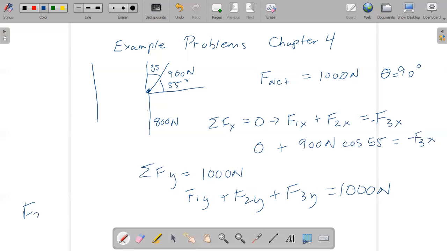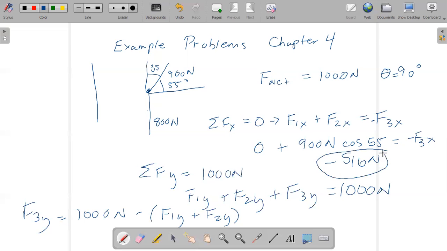So F3Y equals 100 newtons minus (F1Y plus F2Y). This guy is going to equal negative 516 newtons, by the way. F3X equals negative 516 newtons.